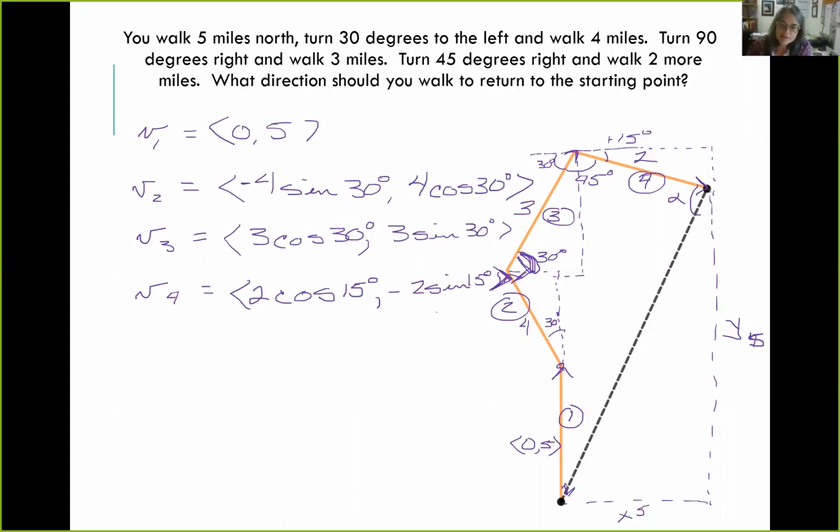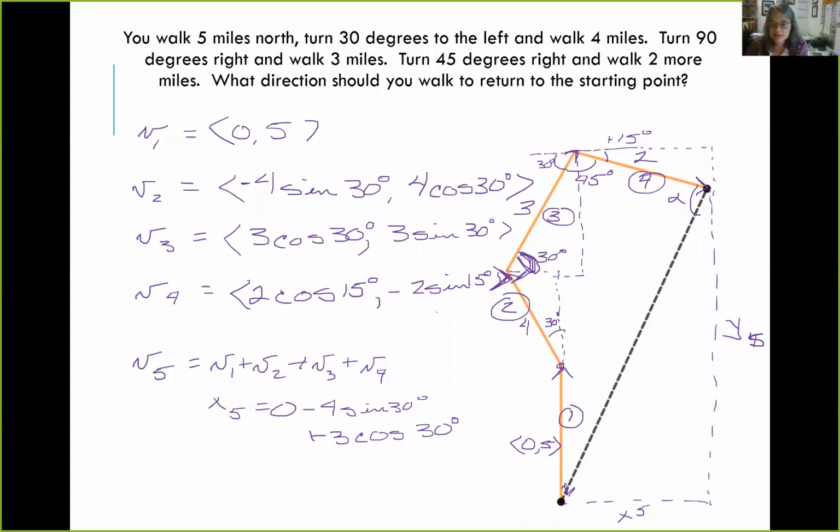So V5 is V1 plus V2 plus V3 plus V4. We can find the x component as 0 minus 4 sine 30 degrees plus 3 cosine 30 degrees plus 2 cosine 15 degrees.